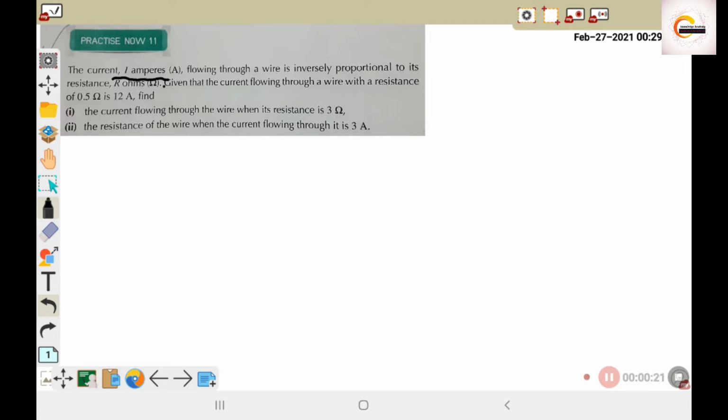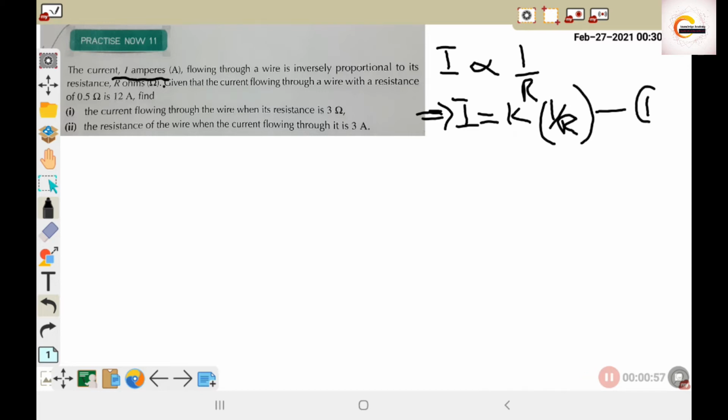First I am going to write down this given: I is inversely proportional to resistance, I in amperes and resistance in ohms. And if it's inversely proportional, we can write this relationship with our constant K: I = K upon R, and that's going to be equation number 1.